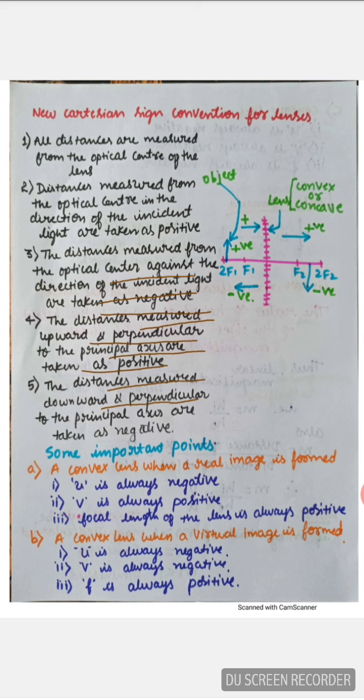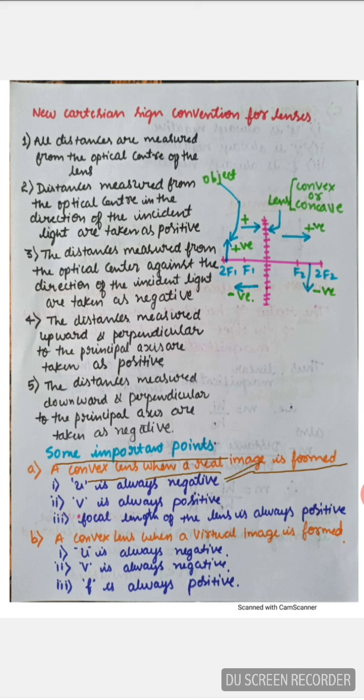There are some important points we need to go through. For solving problems, these important points will be helpful. In the first case, a convex lens when a real image is formed: the object distance u is always negative.